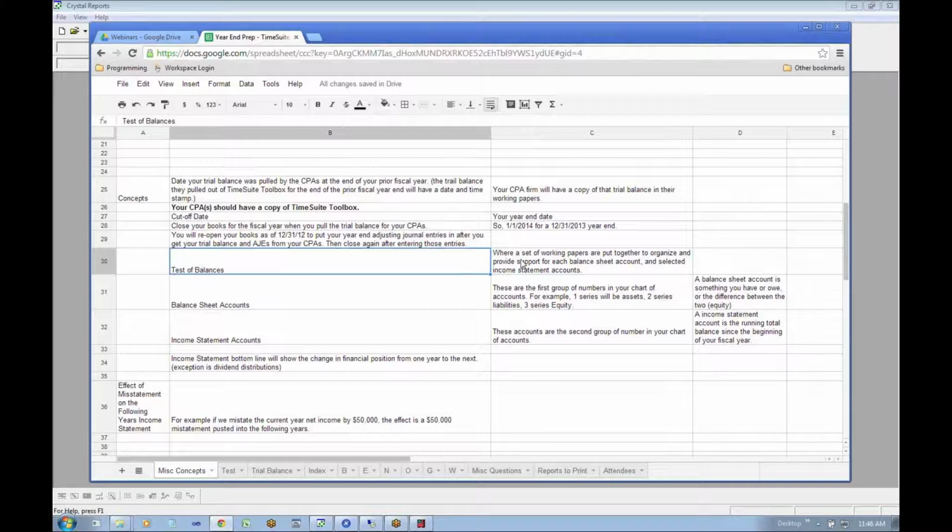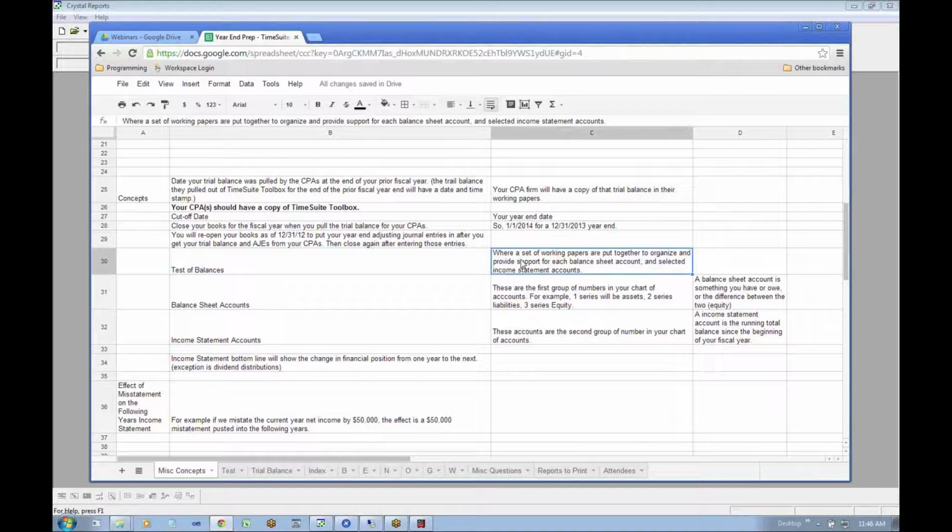For example, a cash account, you would pull a bank reconciliation and maybe selected pages from the bank statement to substantiate that balance. Okay, an accounts receivable balance, you would pull an aging as of the end of the fiscal year, and then you would do certain work to basically substantiate that everything on the aging is correct, and that would be a test of balances concept.